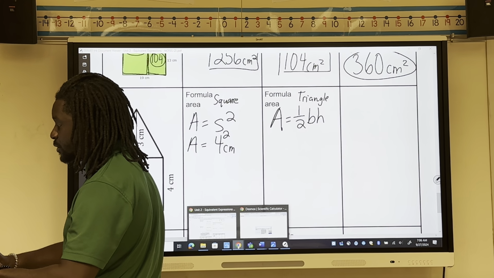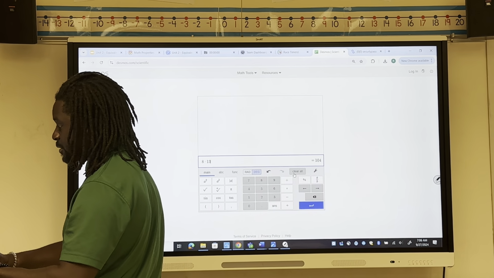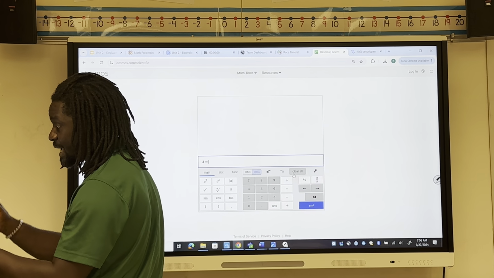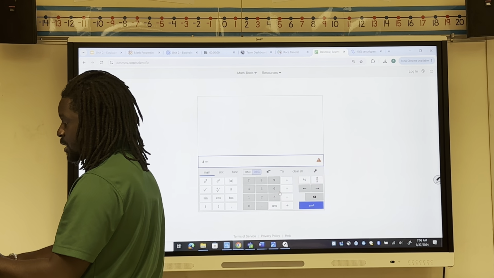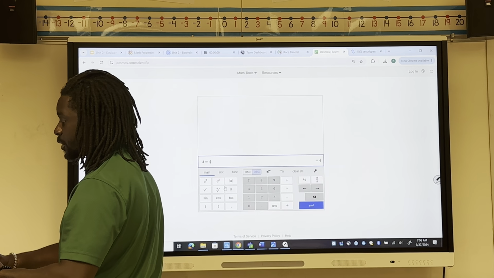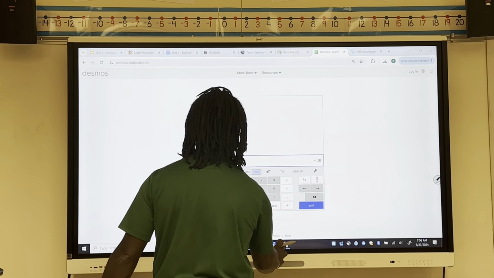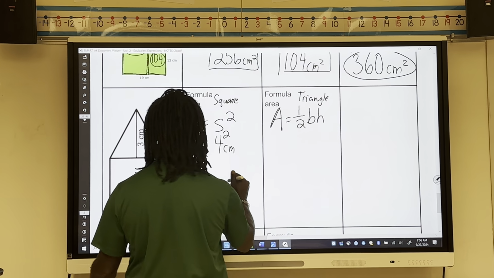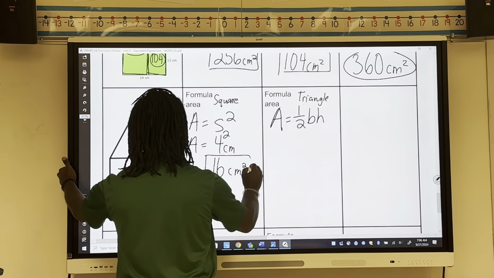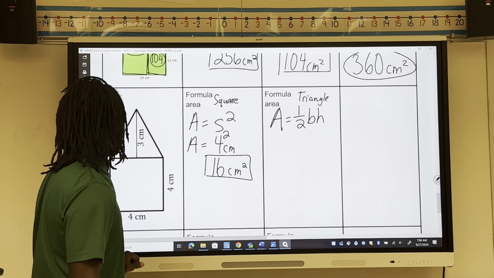If I don't know how to square it, I can put A equals 4 squared, and that gives me 16. Just showing you what that looks like. So it is 16, and remember, it is centimeters squared. So that is the area for the square.